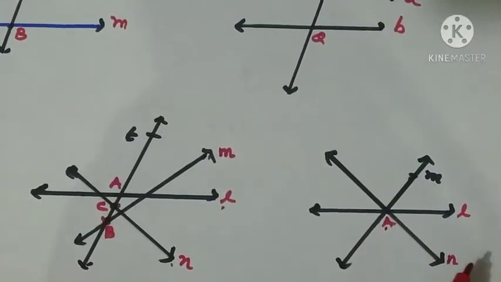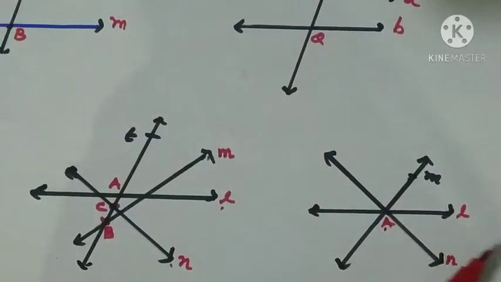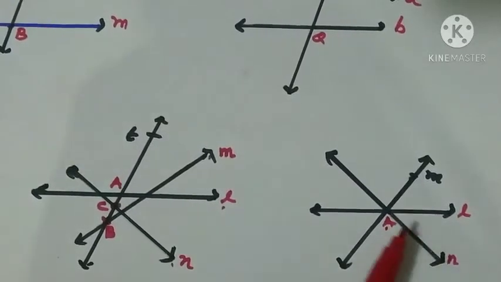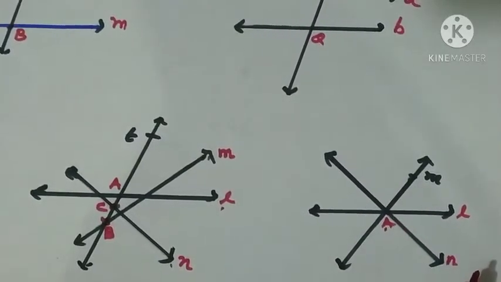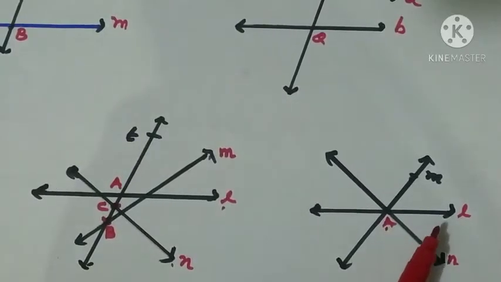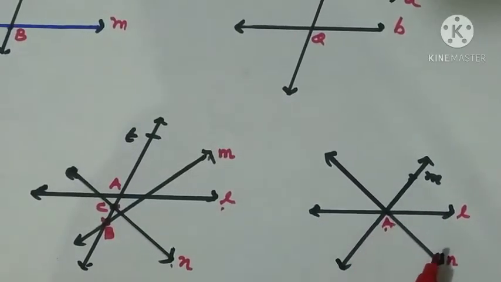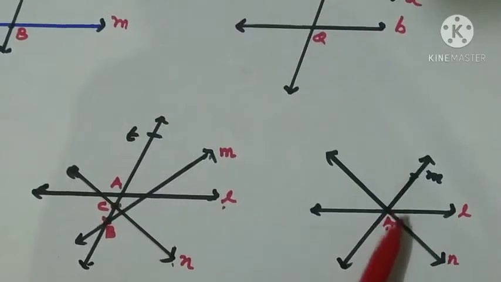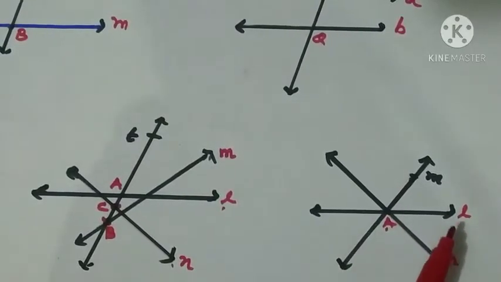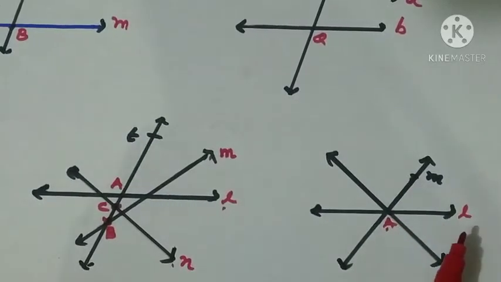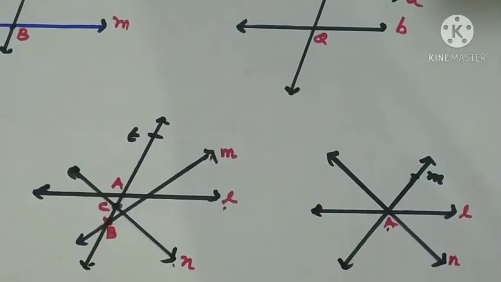By the definition of the transversal, it should intersect the lines at different points. Then only we can call it a transversal. But here it is intersecting at the same point. So we can say that these are concurrent lines because they are passing through one common point. They are not called a transversal. M is not called a transversal here because it is intersecting L and N at one common point A.